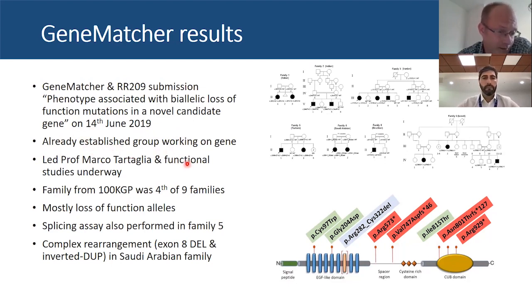And actually they'd already started doing some functional studies. They'd already collected 3 families, which were all larger than our family. So our family came in number 4. But by the time we wrote it up, in the end there were 9 families. Family 9 actually went into the manuscript at revision stage.